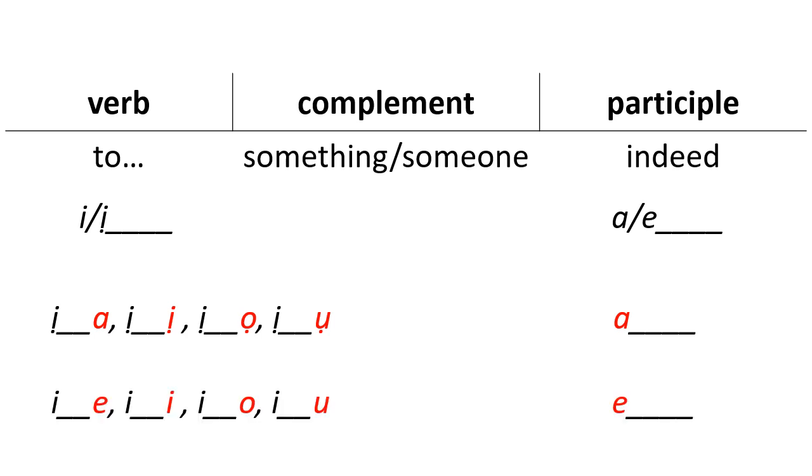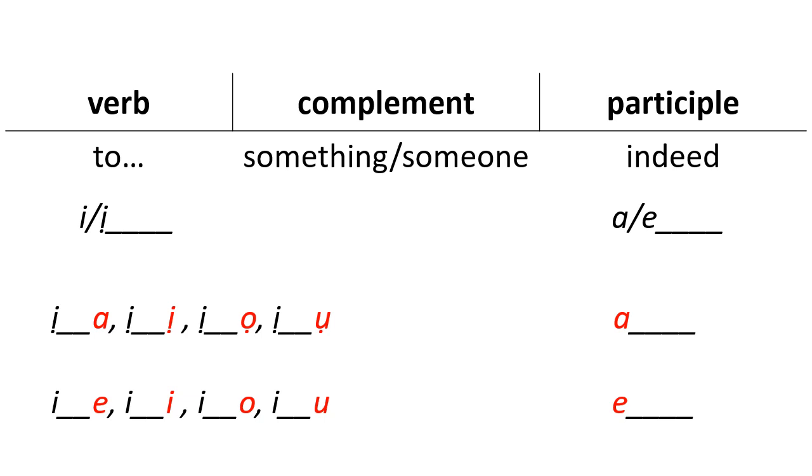And if the main verb ends in e, o, or u, then the participle starts with e. When it acts as an adverb, the participle is used to emphasize the meaning of the main verb. It's like saying really or indeed. To do something, indeed. To be someone, indeed.